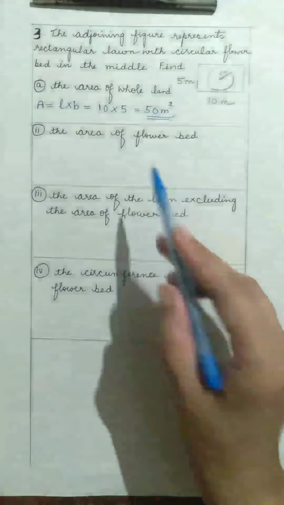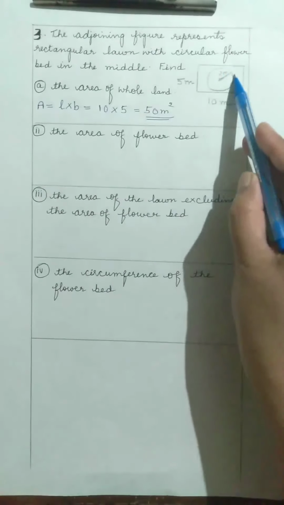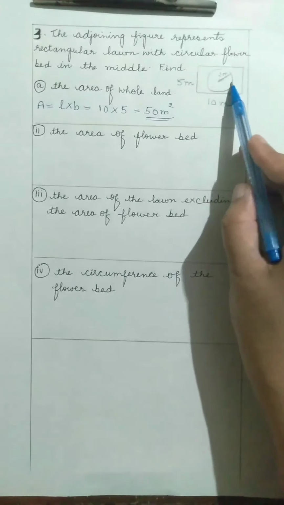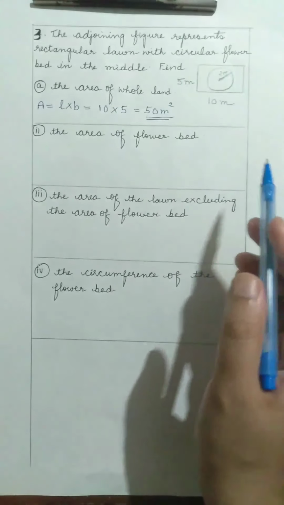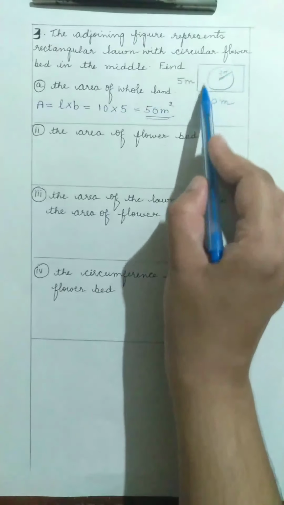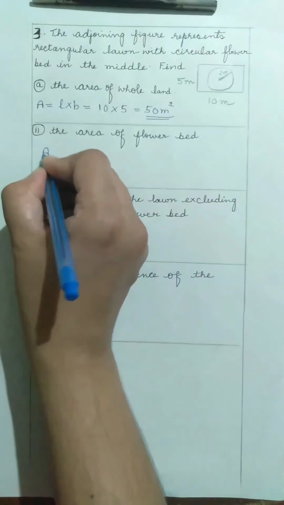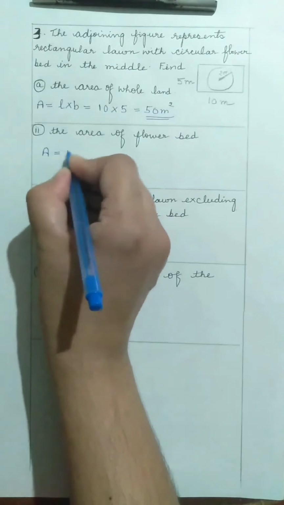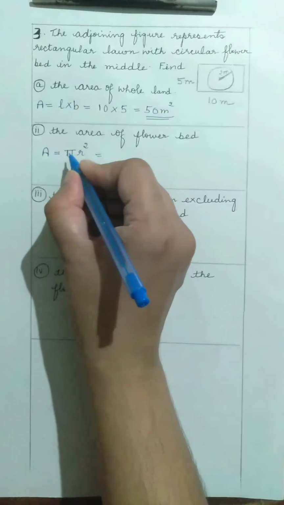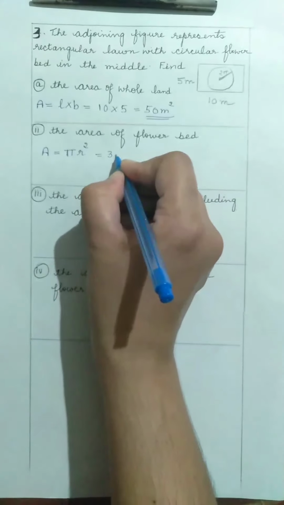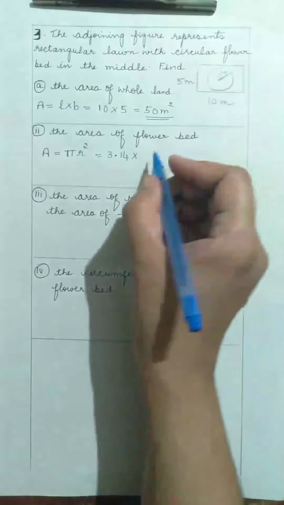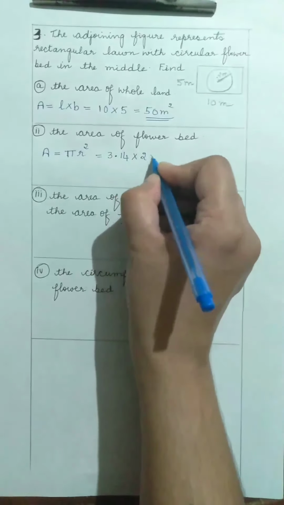The next question: area of the flower bed. The flower bed is in the shape of a circle, and the area of a circle is given by the formula pi r square. So, to find the area of the flower bed, we have the formula area A is equal to pi r square. In this problem, we shall take the value of pi as 3.14 into the radius value, which is given as 2 meter, that means 2 into 2.